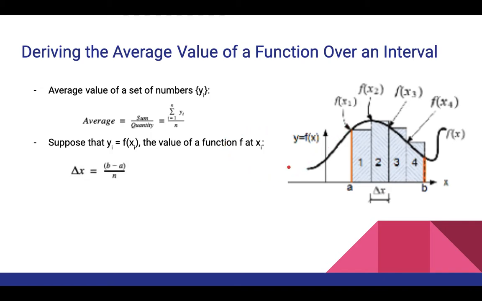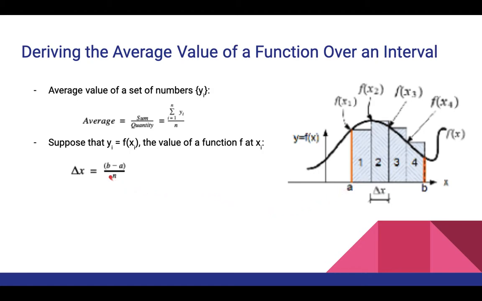What we've done here is we've taken all of our y values, f of x1, f of x2, f of x3, aka y1, y2, y3, y4, and so on, and we fitted a curve to these y values. Next, we're going to calculate the distance between each y value, f of x1, f of x2, and this distance is going to be delta x, the distance between the successive x values.